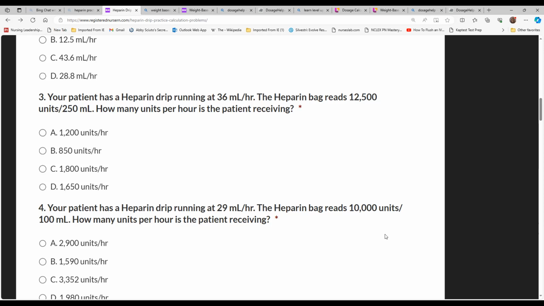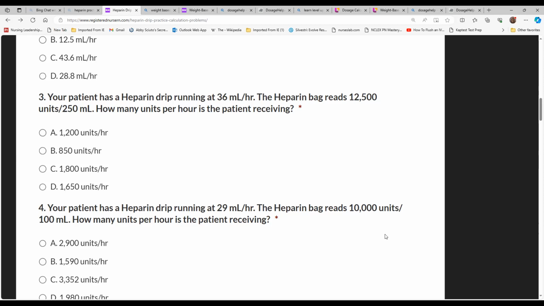However, I guess the only time you have to convert is when your desired dose is in a different strength than what you have on hand, or if your time is in minutes but you need hours, or if your time is in hours but you need minutes. So those are the times when you have to convert.